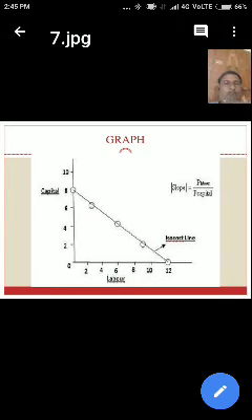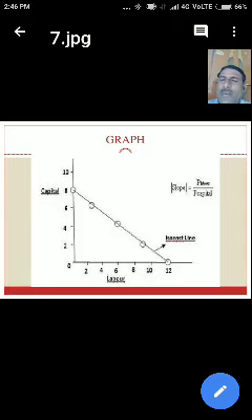The maximum labor units is 12, and the maximum capital units is 8. Not more than 8 units of capital and not more than 12 units of labor can be used within the limited budget of the producer.